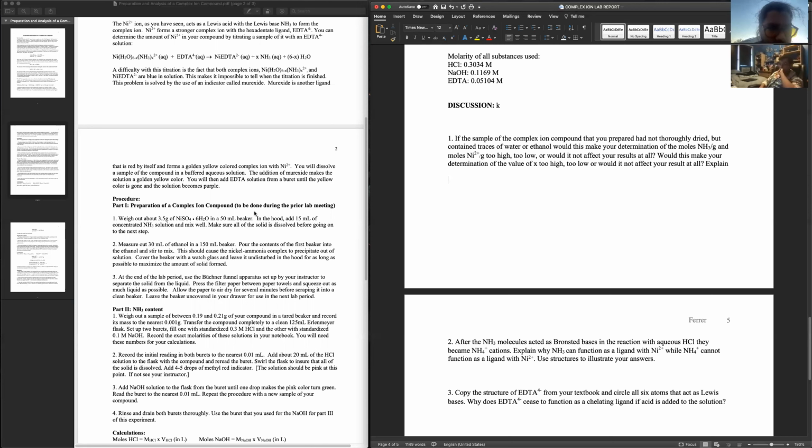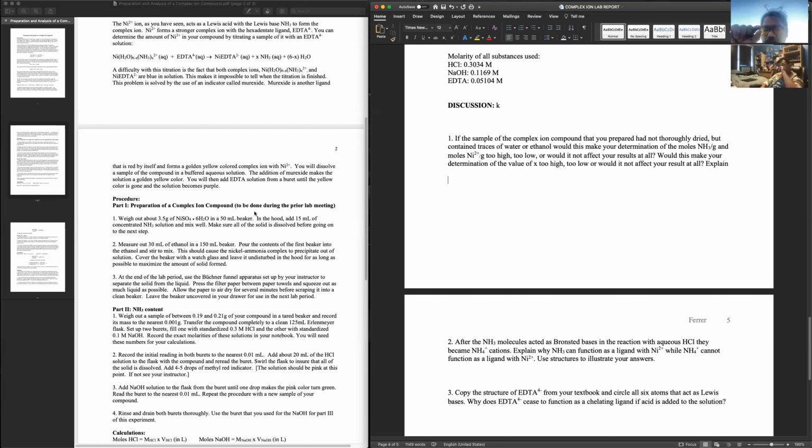So basically, you have this solid amount of nickel sulfate, and that first step, when you add the ammonia, it's going to replace the six H2Os with ammonia. After that, you mix it with ethanol to cause that.